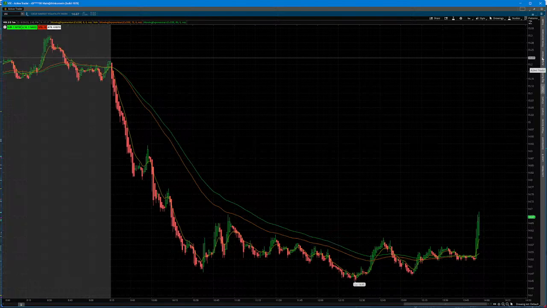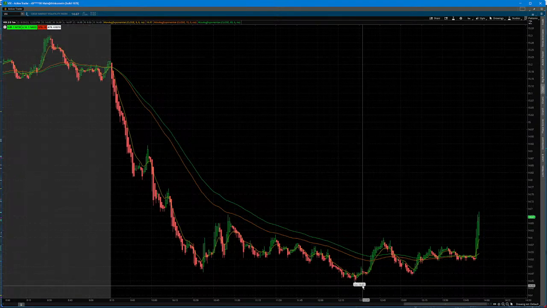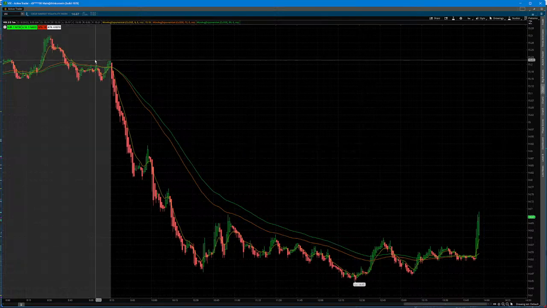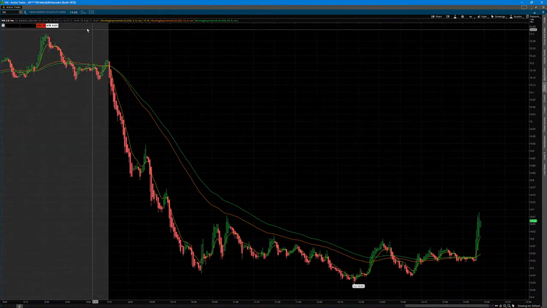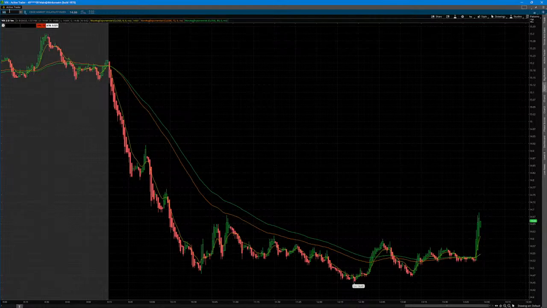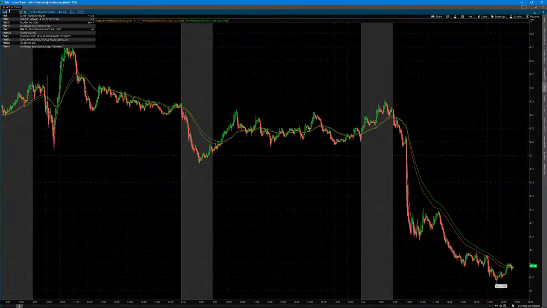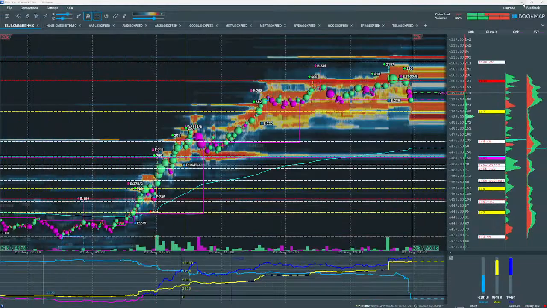Looks like VIX may have found a bottom so far around 14.45. Take a look at the 10-year note. Also moving lower, yields moving lower, helping to drive large cap tech higher.